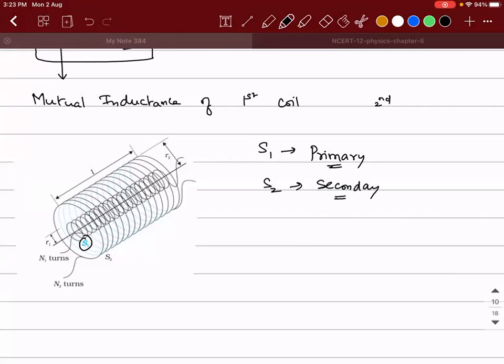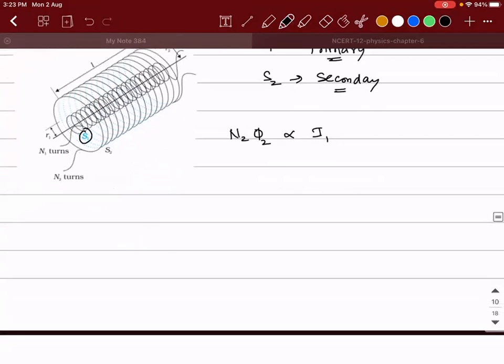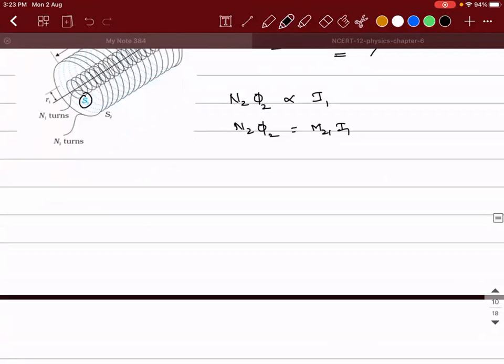If I take S1 as primary and S2 as secondary, then can I say that the flux linked with the secondary coil, N2 phi 2, is directly proportional to the current generated by the first coil? So N2 phi 2 is directly proportional to I1, and N2 phi 2 will be equal to M21 into I1. Then what is going to be the value of M21, guys? It is obviously N2 phi 2 divided by I1.